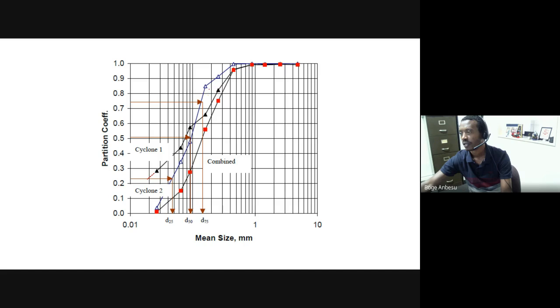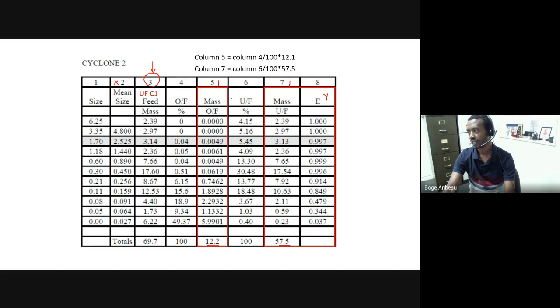Cyclone 2 is shown in blue, and you can actually get a combined classification from cyclone 1 and cyclone 2 as well. To get the combined, all you have to do is take underflow from the second cyclone and divide that by the feed for the first cyclone.